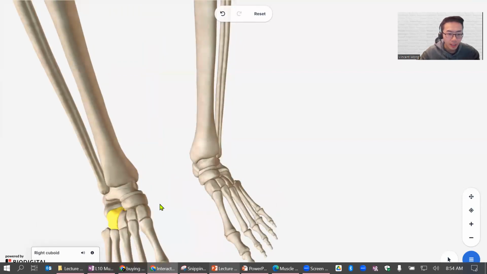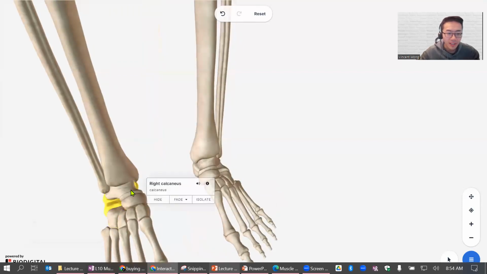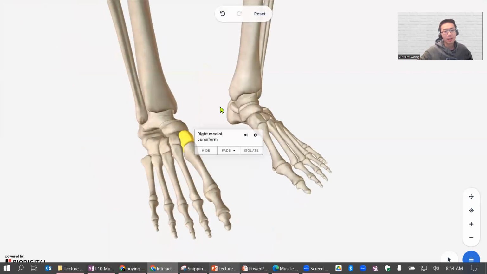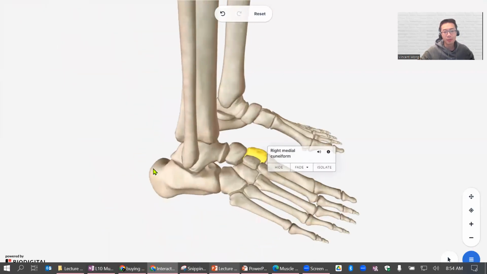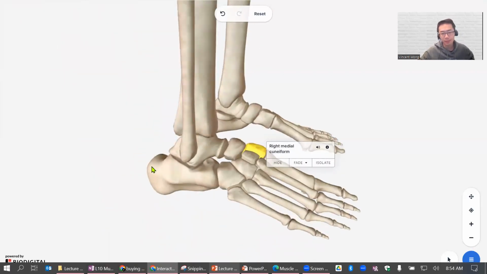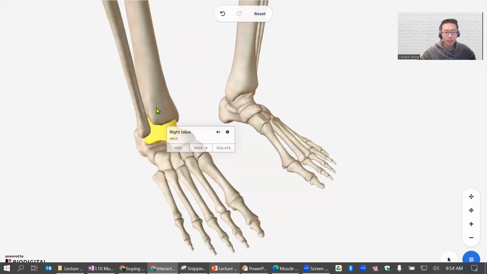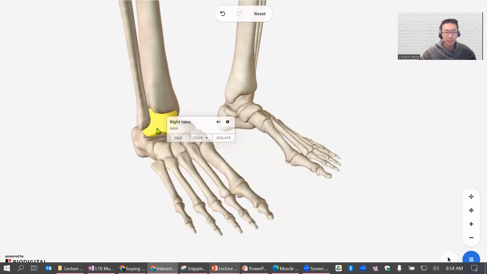I counted before I count. Hold on. 1, 2, 3, 4, 5, 6, 7. Okay. Now I only want you to pay attention to 2 of them. Okay? These are the tarsals again. There is the talus, okay, which your tibia and fibula are gonna make a connection to.